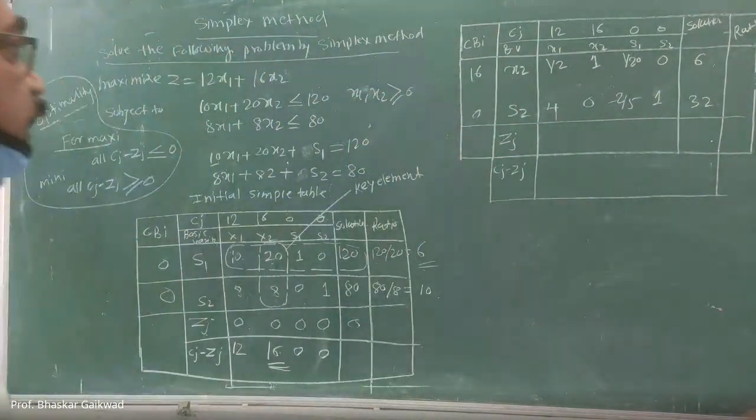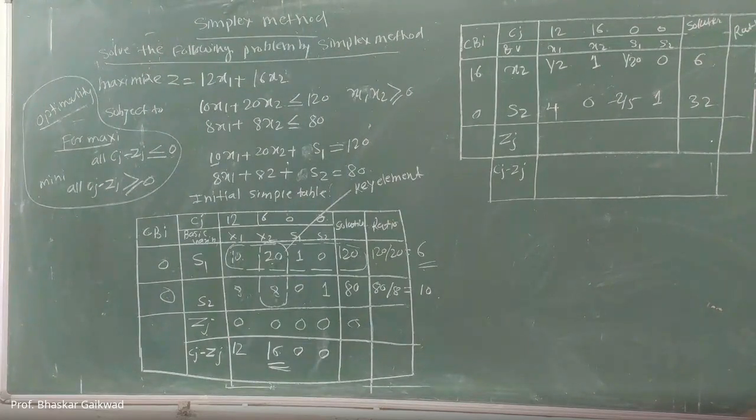How much here? 16 into 1 by 2, that is 8, plus 0 into 4, this is your 8.